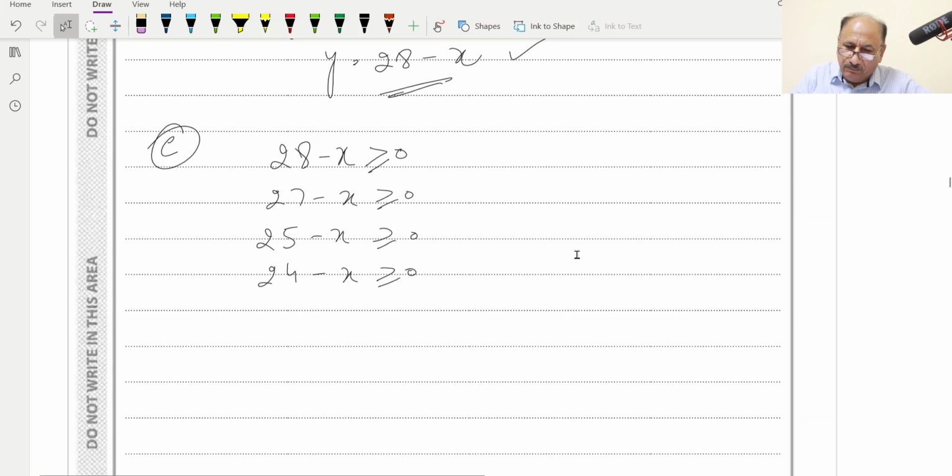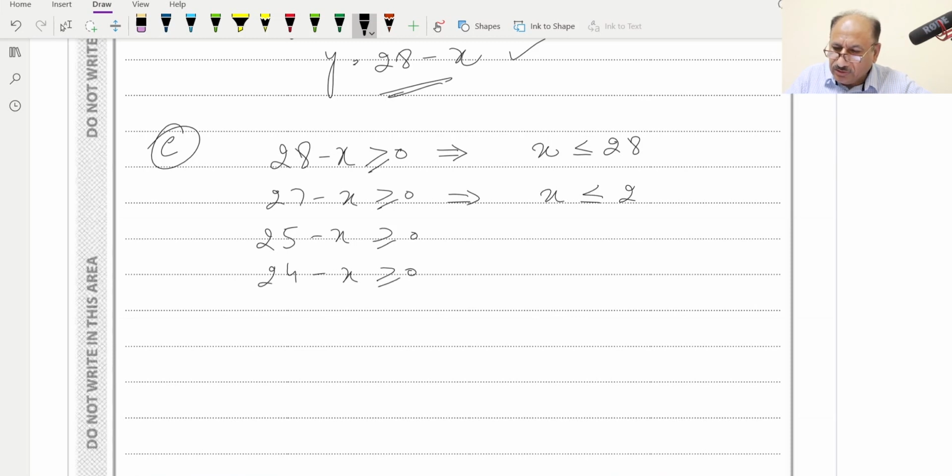And this implies x is less than or equal to 28, this equation implies x is less than or equal to 27, this equation implies x is less than or equal to 25, and this equation implies x is less than or equal to 24.